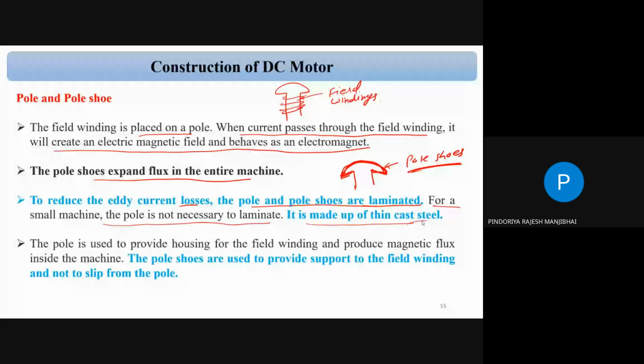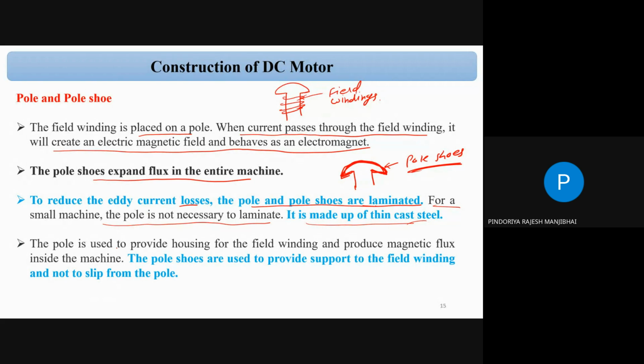In most toys, we use DC machines, which have a very small rating. Then the lamination is not required, but we can use thin cast steel material to reduce the eddy current losses.